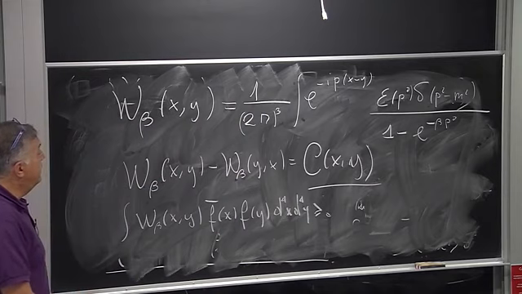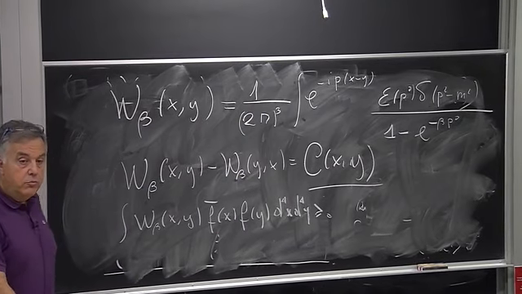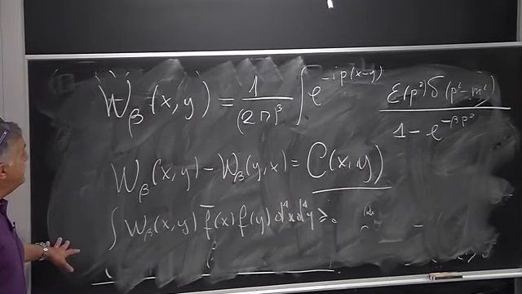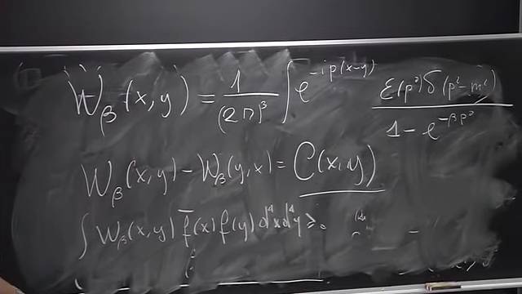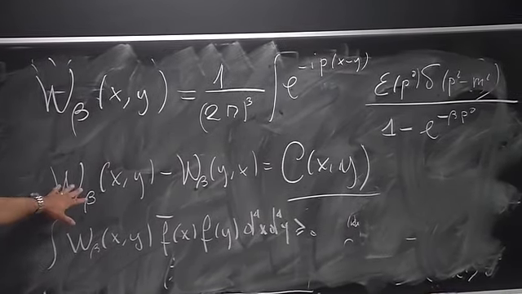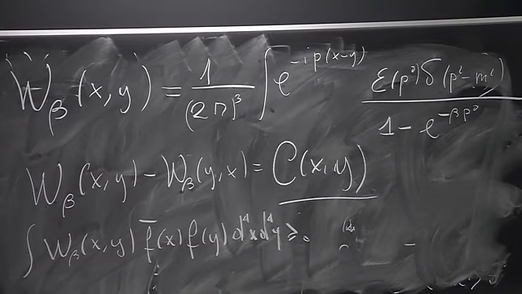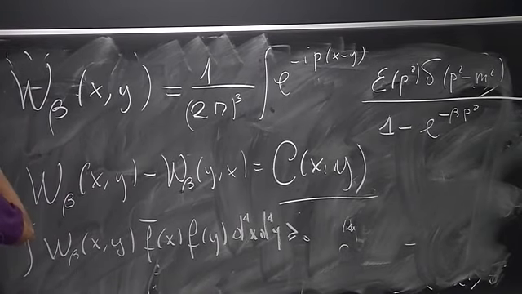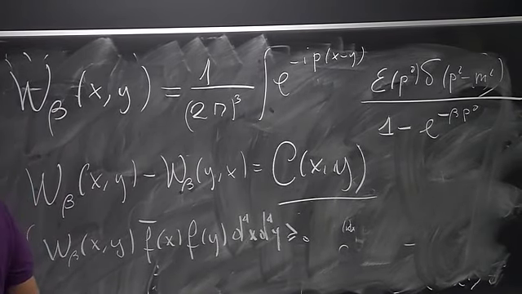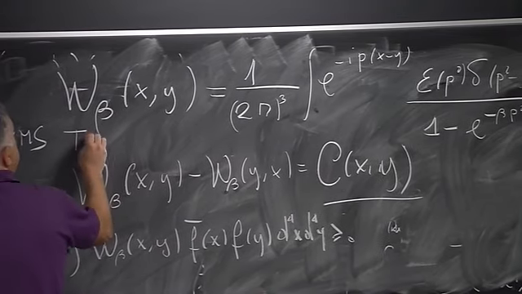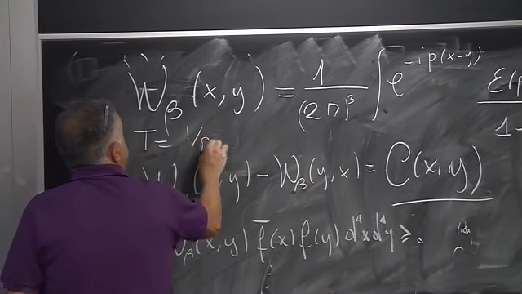This is a little exercise that I leave you at home. This representation of the canonical commutation relation is known under the name of the KMS representation at temperature 1 over beta.